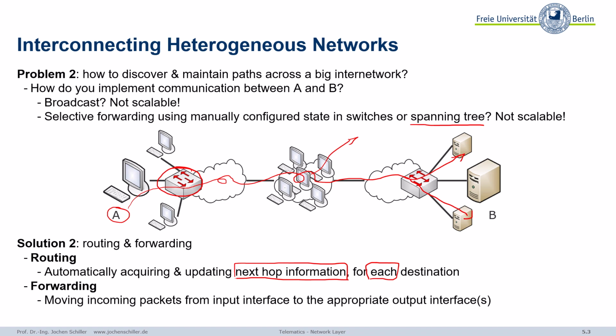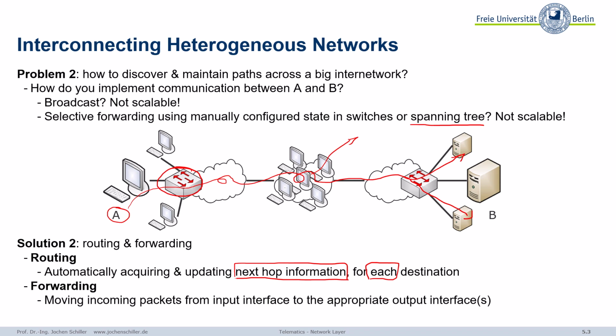And we'll see that there's a big difference between routing, setting up a certain table with different paths, and the actual process of forwarding, how we move incoming packets really fast, within some nanoseconds, from an input interface to the appropriate output interface or interfaces in case of multicast.